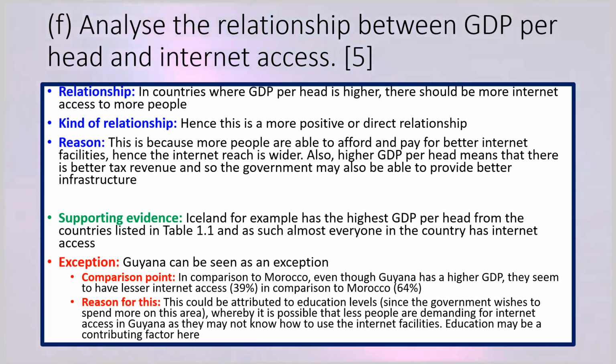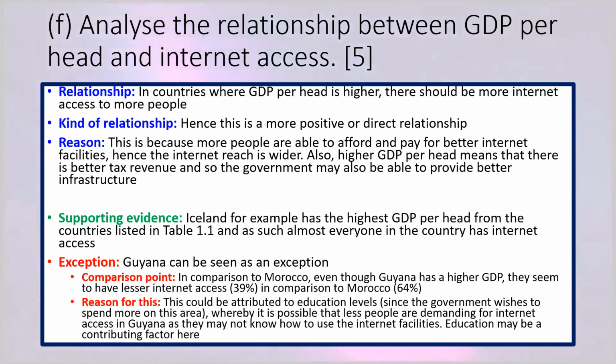So you might say that higher GDP per head means the person or firm is earning more income. Therefore the tax they pay is also higher, which means the government gets better tax revenue, and so has more money to invest in infrastructure. Hopefully that makes sense.